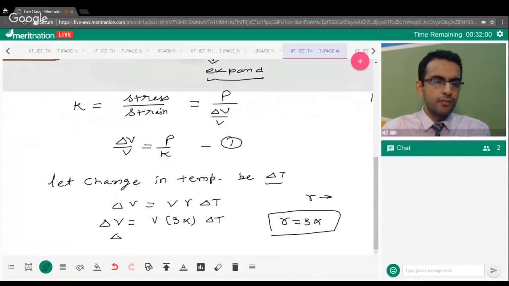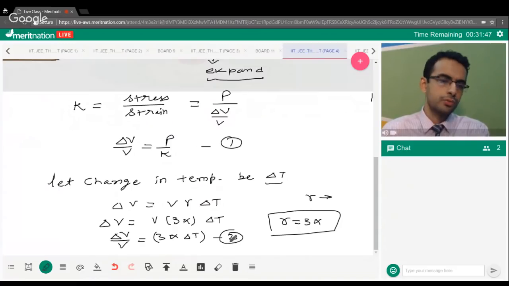So delta V over V is equal to thrice of alpha into delta T. So from here, we have got equation number 2.